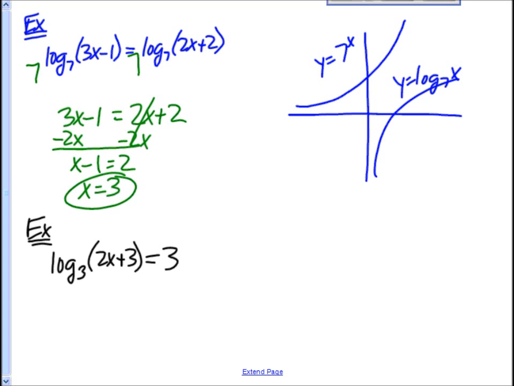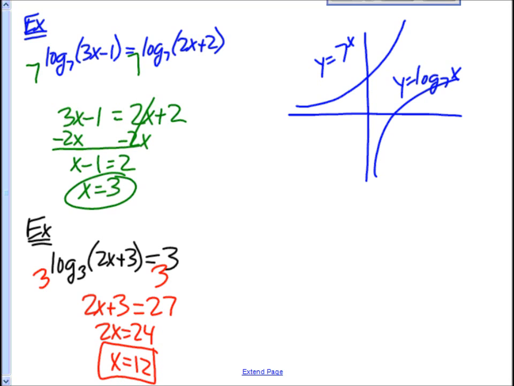It's 3^x. So you want to run 3 to that side, 3 to that side. So log base 3 of (2x + 3) is 2x + 3. Over here, you just have 3 cubed, which is 27. So subtract 3 from both sides, divide by 2: 12. Plug it in, make sure it worked in the original, and it does.